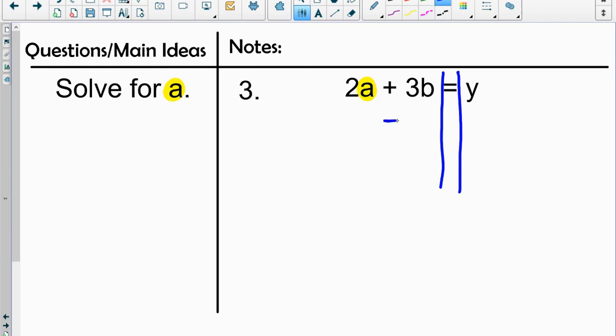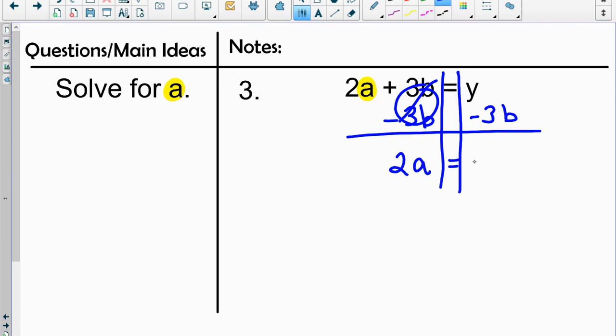We undo addition by subtracting. So that's going to reverse the impact of adding 3b if I subtract 3b from both sides. Since 3b minus 3b is 0, that leaves us with 2 times a equals y minus 3b.